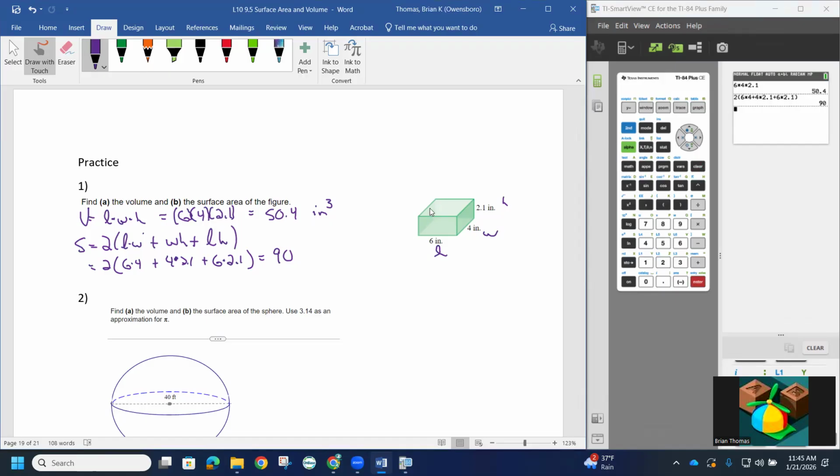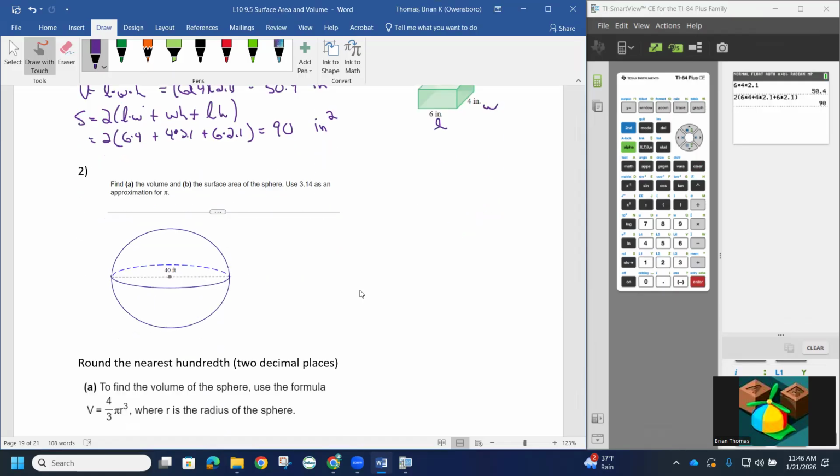The surface area is how much wrapping paper it would take to wrap it. So it's going to be square units, not cubics, but squares. So here we're going to have square inches, so IN with the power 2 would be our square inches. That's going to be surface area. So 90 square inches would be its surface area.